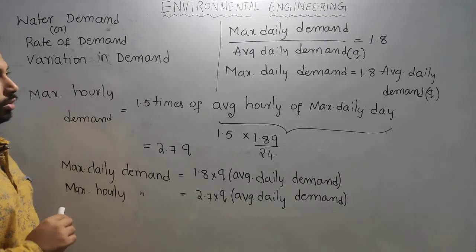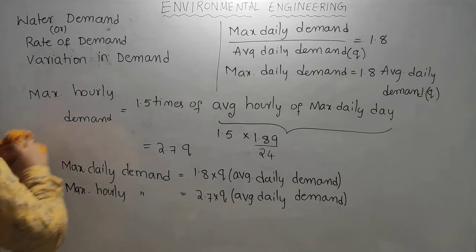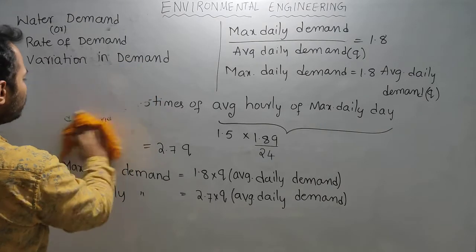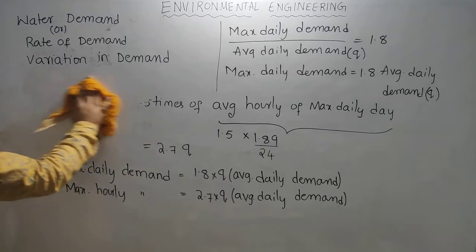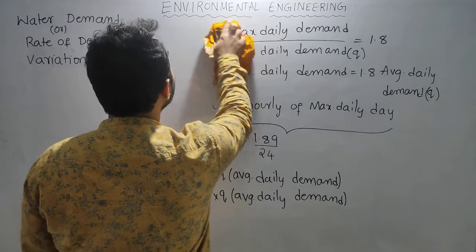Okay. Now, after variation of demand, you now know the water demand and you now know the population. Now there is another term called coincident draft. In water demand, there will be another term called coincident draft. The name itself is saying that two things are coinciding.